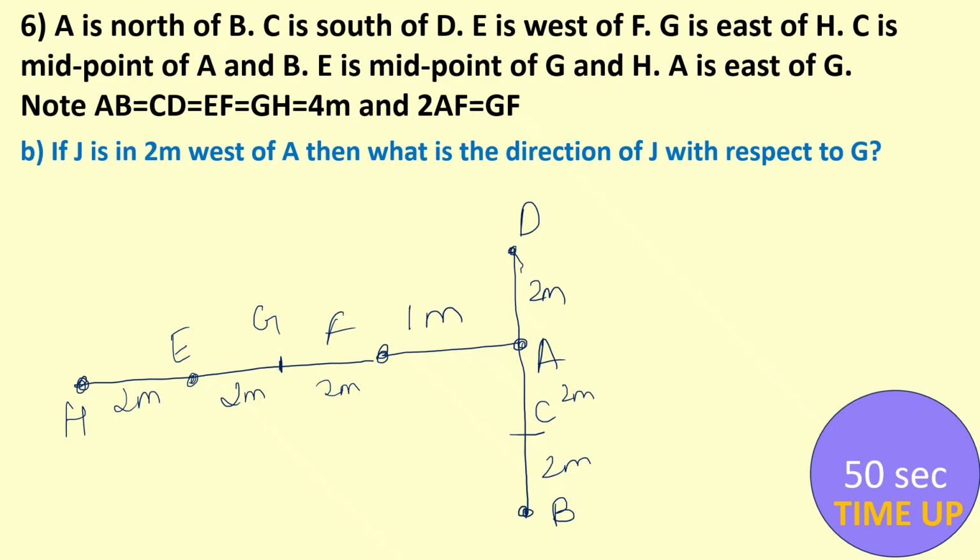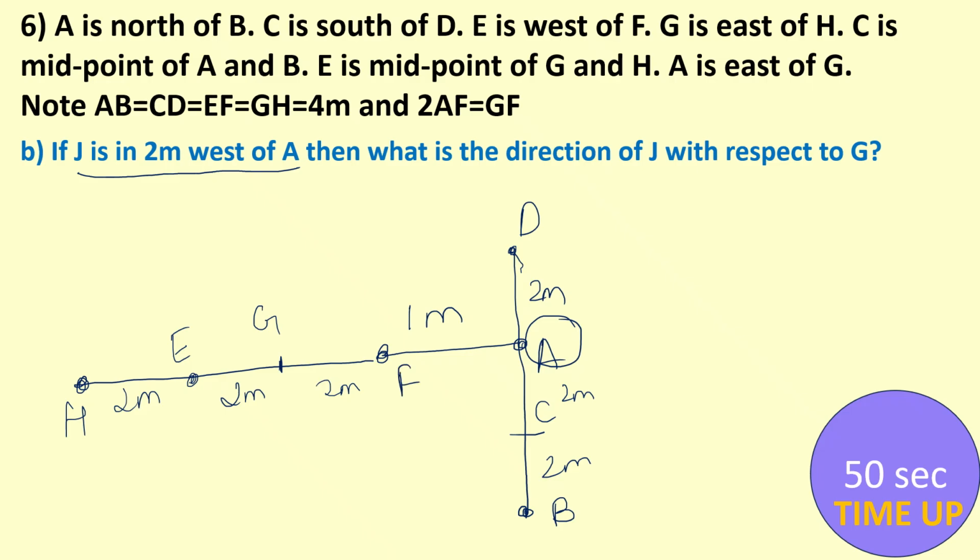So they have given, J is 2 meter west of A. So this is A, and if J is somewhere here, wait a minute, if this is your F, here is F suppose.